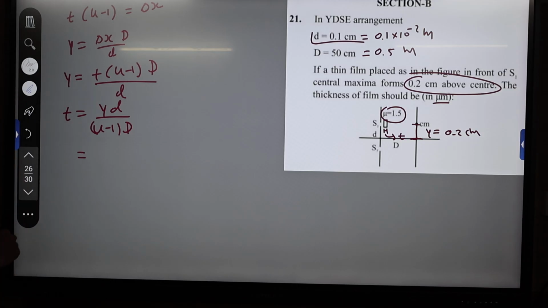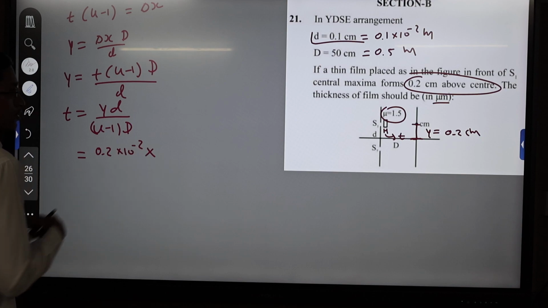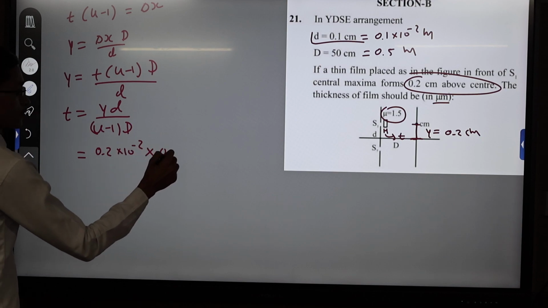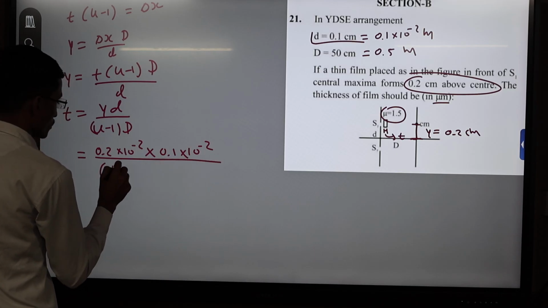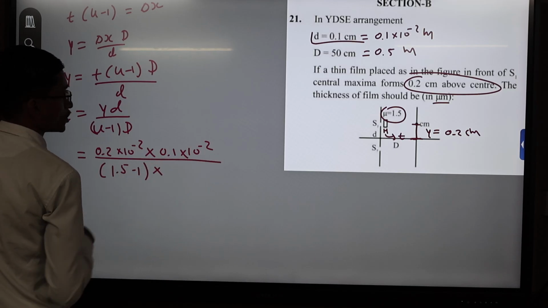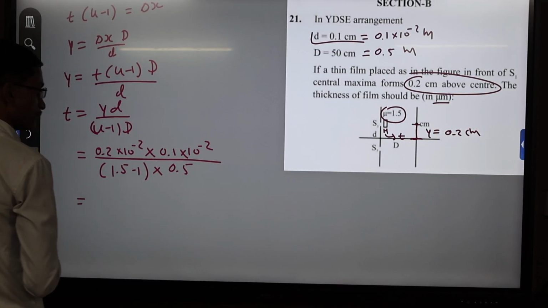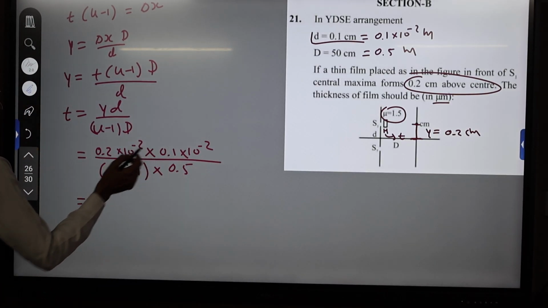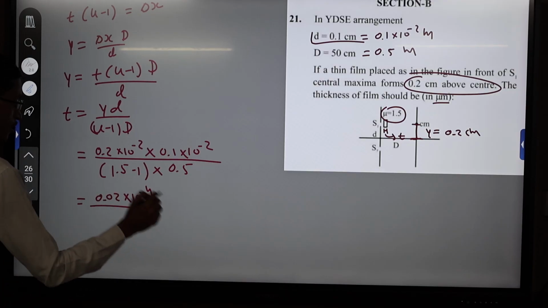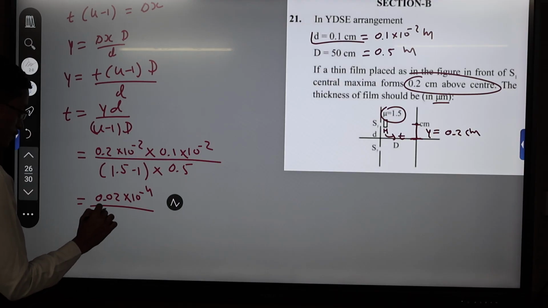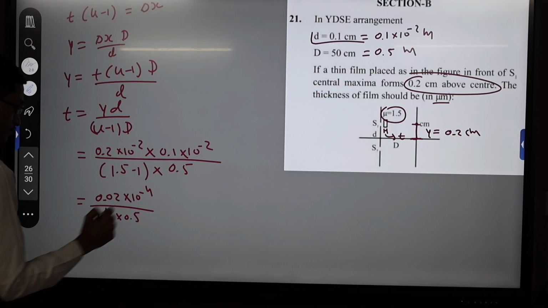y is equal to 0.2 cm, so 0.2 into 10 to the minus 2. Small d is 0.1 into 10 to the minus 2, upon mu is equal to 1.5 minus 1, into capital D. Okay, simplify this. 0.2 into 0.1 is 0.02 into 10 to the minus 4, upon 1.5 minus 1, which is 0.5.